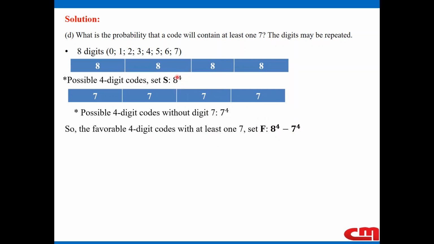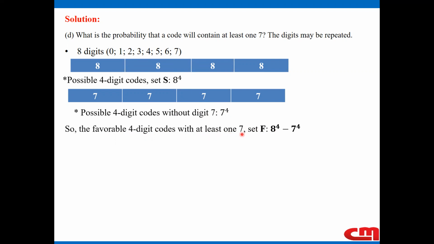That means this minus this, and I've explained why, because this is as a result of making 4 digit code without the number 7 itself. It's not there. We are only using 0 up to 6, but with this one, it's including everything. So if you subtract this from this, we are getting the 4 digit codes with at least 1 7.